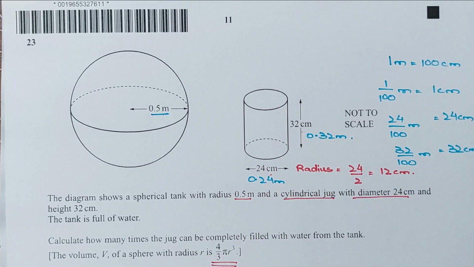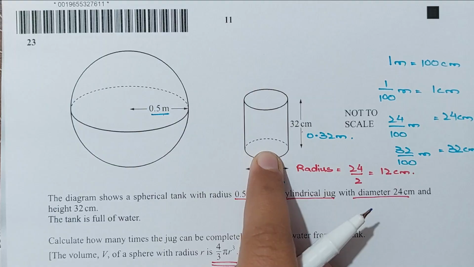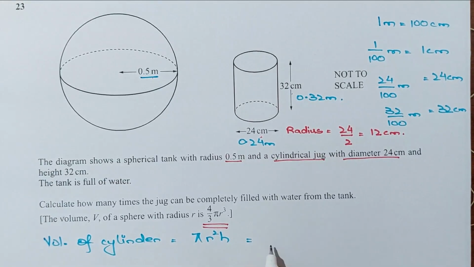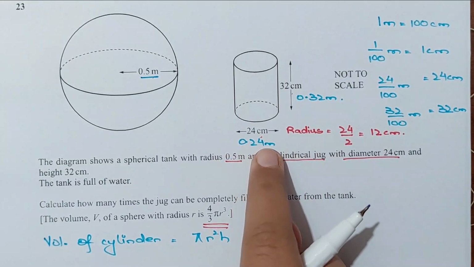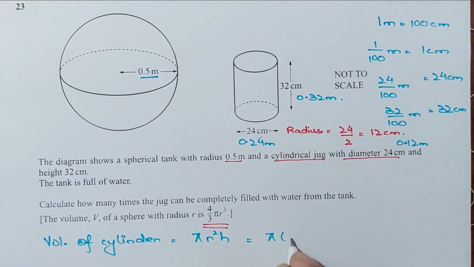All right. First we have to find the volume of this cylindrical jug. The volume of a cylinder equals pi r squared h, right? So pi, the radius of the cylinder in meters is 0.12 meters, 0.12 squared, and the height is 0.32.